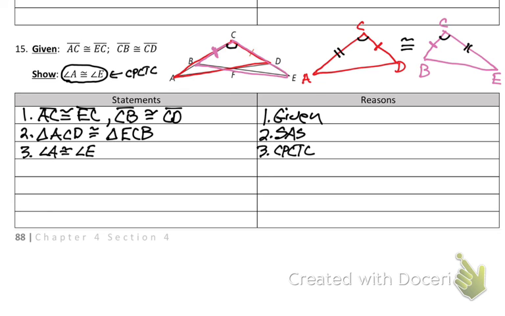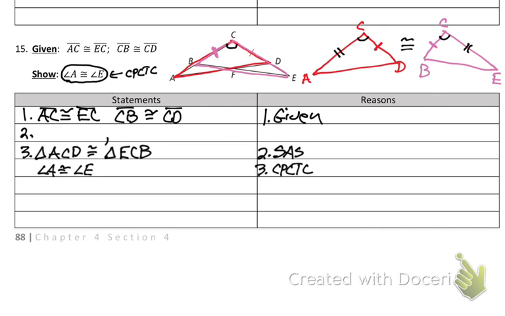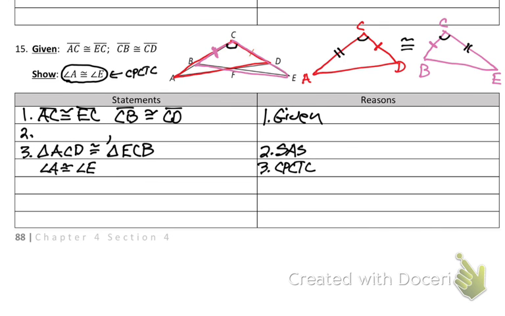Sometimes I do the same thing you guys do, where you write something above and you forget to give the reason. So I actually missed an entire step. Did I ever say C was congruent to C? No. Did I draw in the picture? That's why you draw in the picture. So if I would have skipped that step as a normal student and I didn't write anything on the picture, that's a full point off. If I drew it in the picture, that's a half point off, because that just means like you did your work, you just forgot to write it in there.